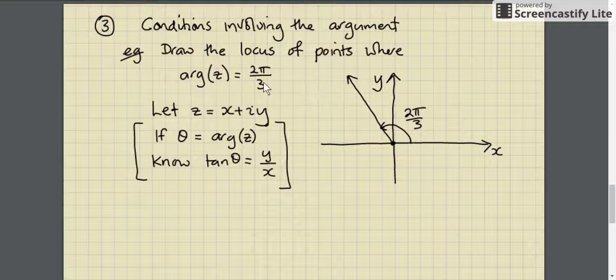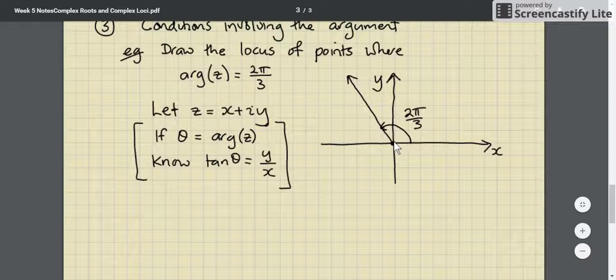This particular question is quite straightforward. Argument of z is 2 pi over 3. So we need to draw a line which is at an angle of 2 pi over 3 to the positive x direction. And the locus is the ray starting at the origin and heading out at an angle of 2 pi over 3. Any complex number, x plus iy, along that line will have an argument of 2 pi over 3.